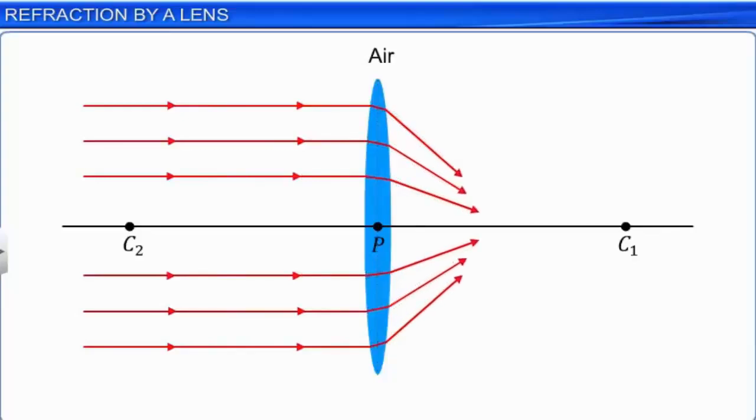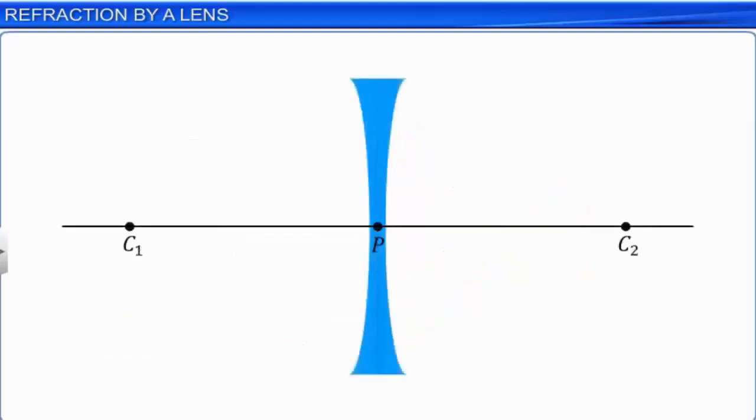In case of a double concave lens, the incident ray bends towards the normal, C1N1, at the first interface, and away from the normal, C2N2, at the second interface, when a parallel beam of light rays is incident on a double concave lens.